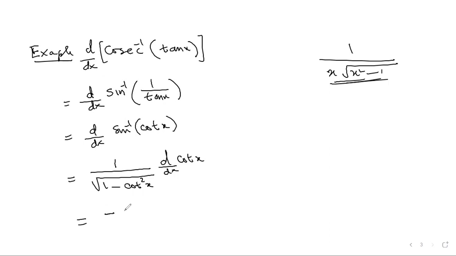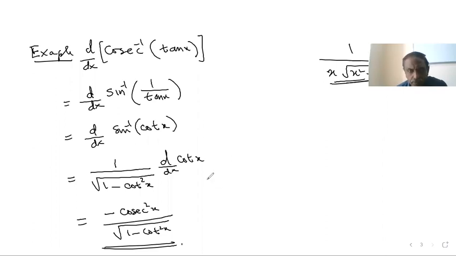So that became minus cosec square x upon root of 1 minus cot square x. That's the answer. I hope you understood. Ayush, you saw d by dx in one line, don't break the step; in the same line you have to write the d by dx.